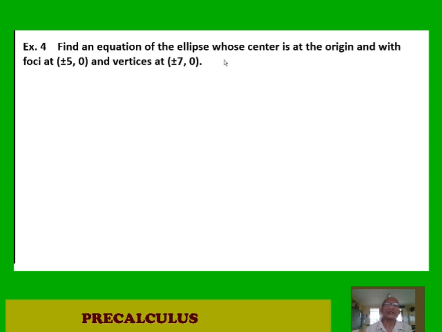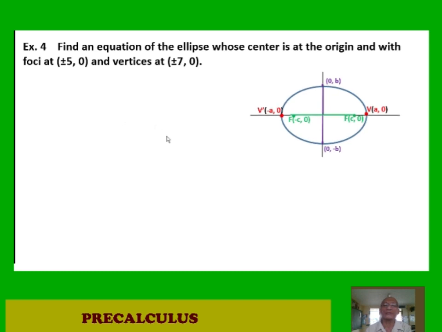Okay. Next, find an equation of the ellipse whose center is at the origin and with foci at positive negative 5, 0 and vertices at positive negative 7, 0. Let us sketch first the ellipse. Okay. So this belongs to type 1 again, with the corresponding points, vertices B and B prime, foci F and F prime.